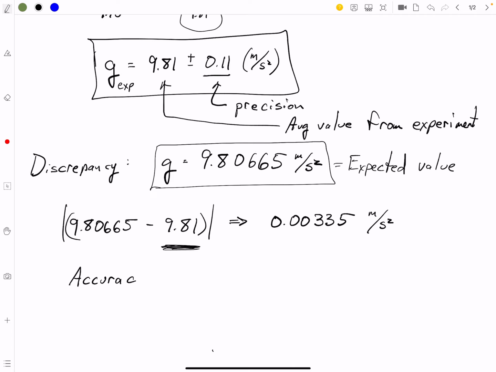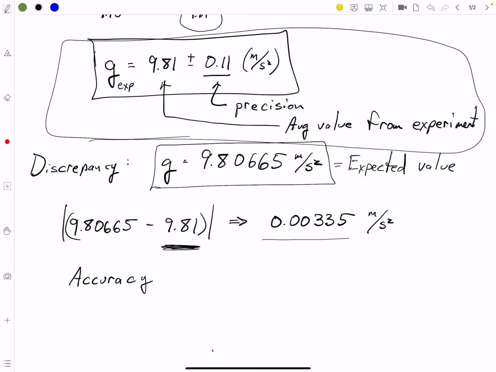Discrepancy relates to our accuracy. The larger the discrepancy, the less accurate we are. So that's our discrepancy.